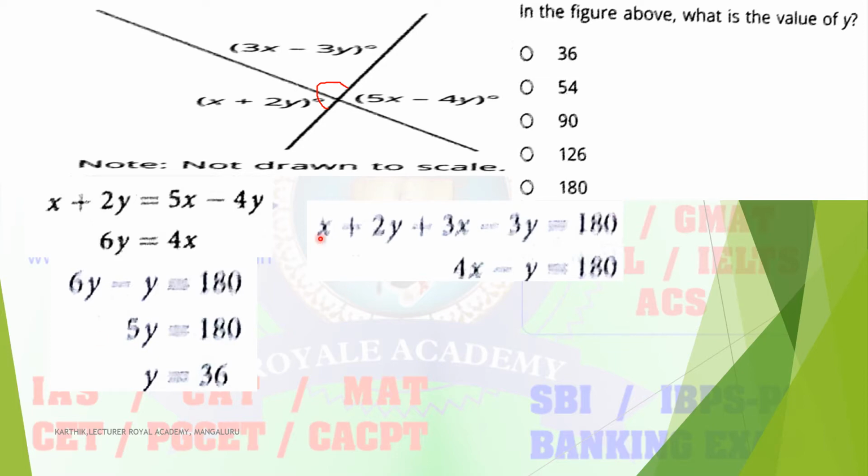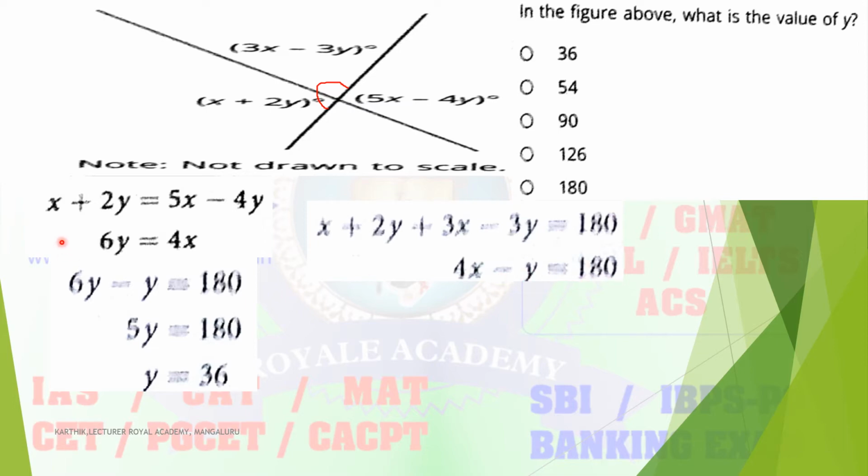So here x plus 2y plus 3x minus 3y is equal to 180 degrees. So 3x plus x is 4x, and 2y minus 3y is minus y. You will get the relation as 4x minus y is equal to 180 degrees.